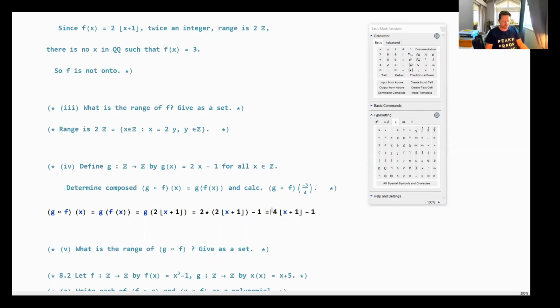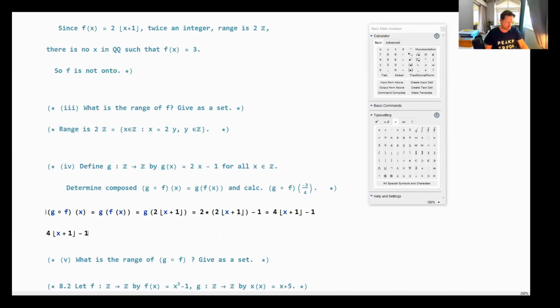Okay, so we've got the description of the function. And so let's just reiterate. It sends x to 4 times the floor of x plus 1 and then minus 1. Okay, good. Now that we have that, we can calculate what it does to minus 3/4.